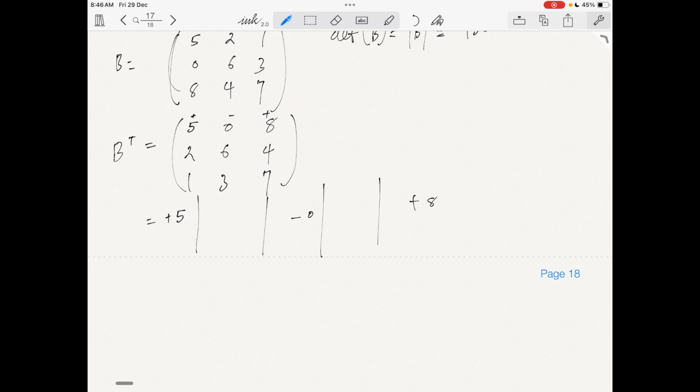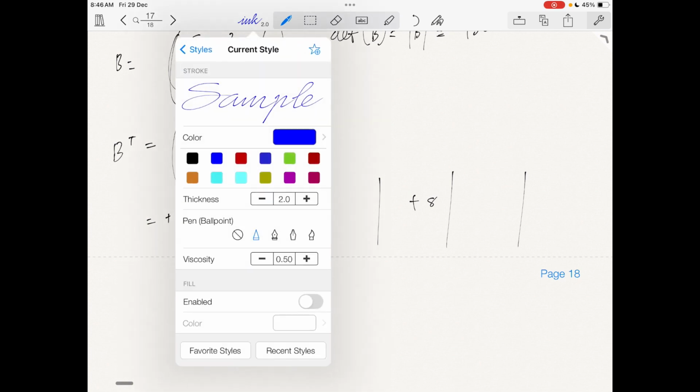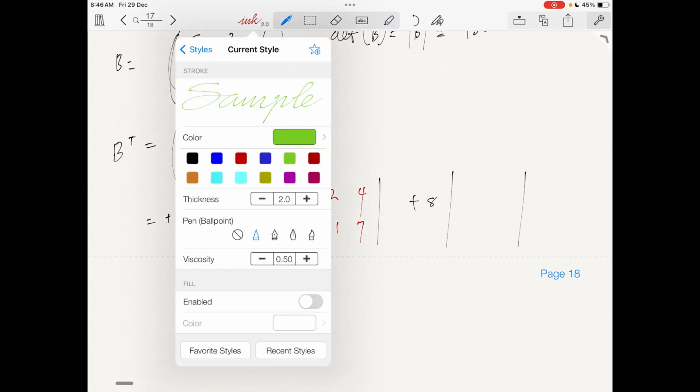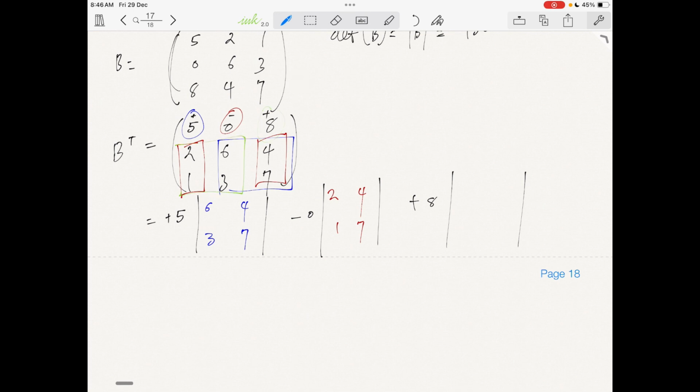For 5, the remaining values are 6, 4, 3, 7. For 0, the remaining values are 2, 4, 1, 7. And for 8, the remaining values are 2, 6, 1, 3.